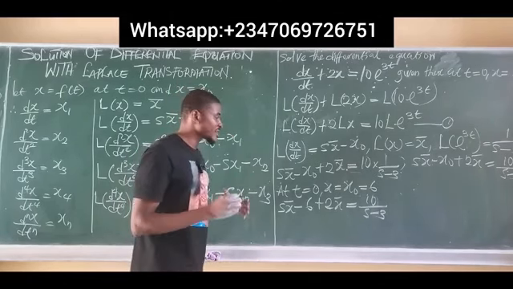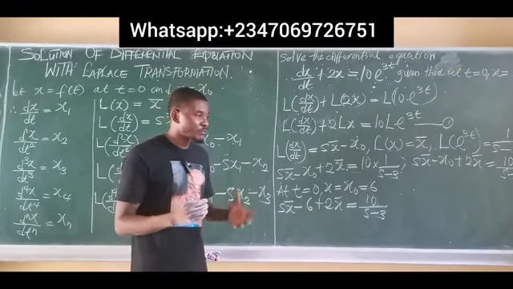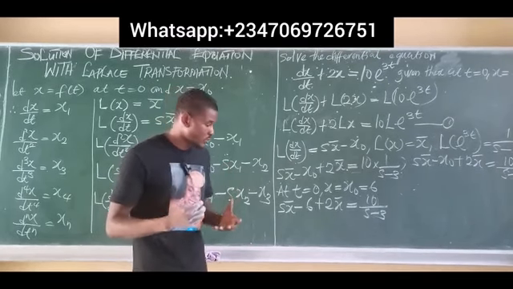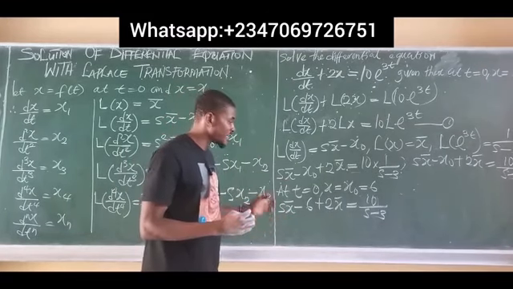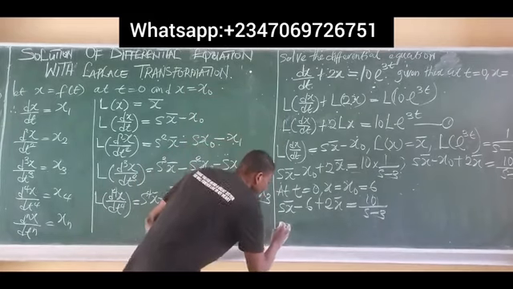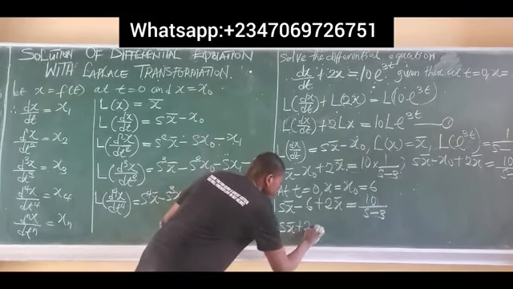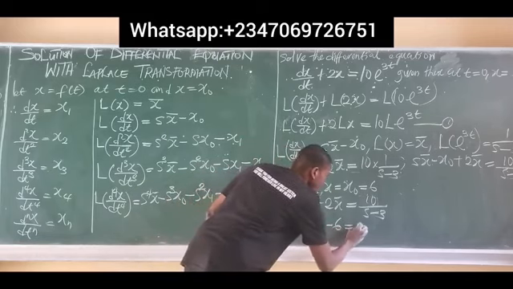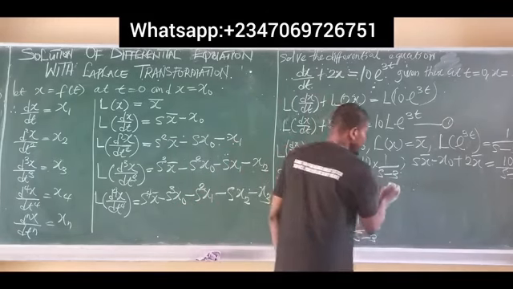The third condition says rearrange the equation to obtain the Laplace transformation of the given solution. What's the Laplace transformation of the solution? Simply x bar. So we have to rearrange this equation in terms of x bar. Collecting like terms, I have s x bar plus 2 x bar minus 6 is equal to 10 all over s minus 3.